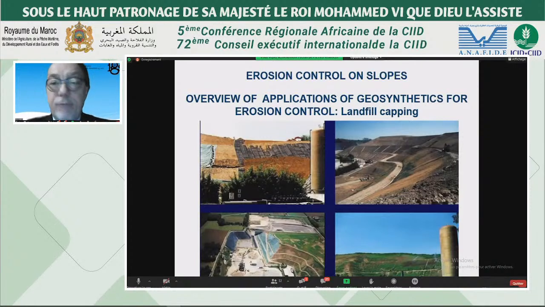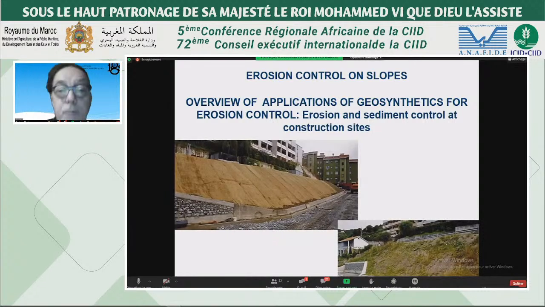D'autres applications pour le landscaping. Dans ce cas, les géomates renforcés fonctionnent en tant que couvert pour éviter le glissement sur des pentes longues.